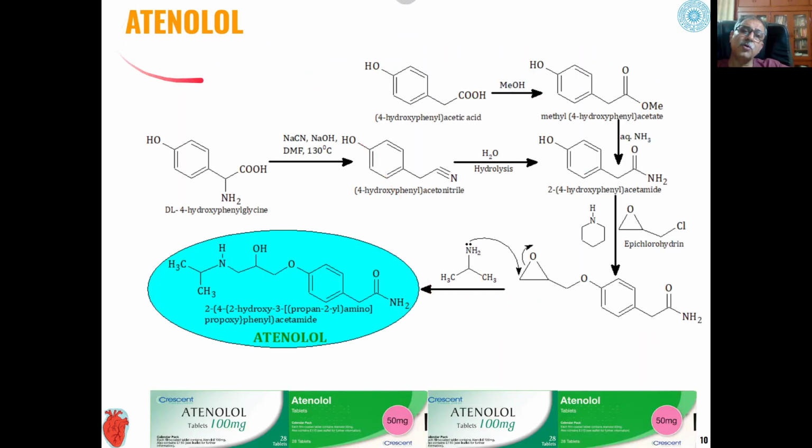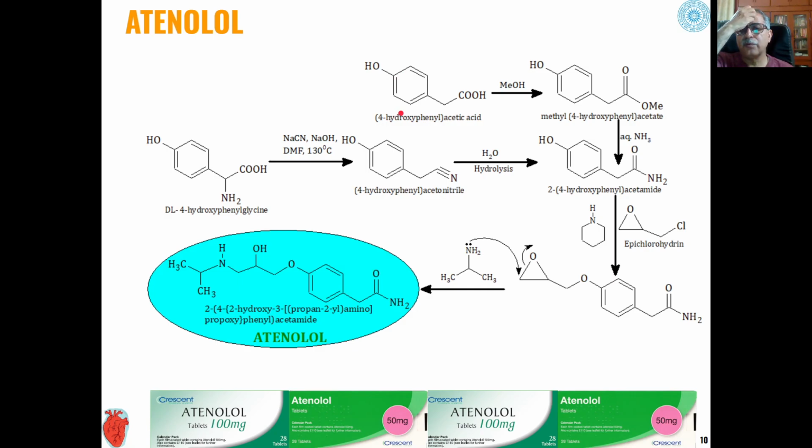Then atenolol, which is one of the most commonly used antihypertensive agents, the first generation antihypertensive drug. This is synthesized from 4-hydroxyphenylacetic acid.